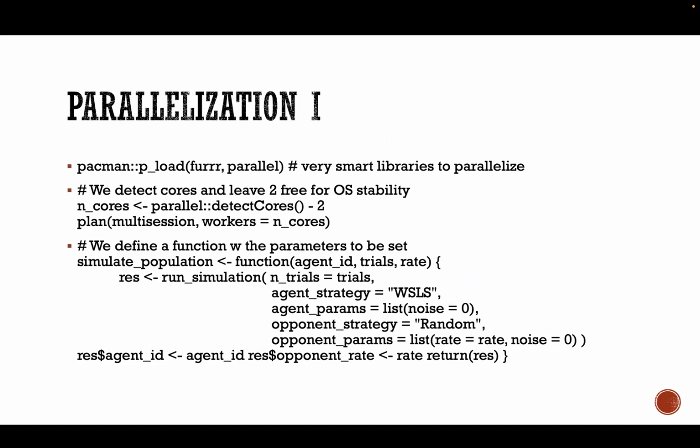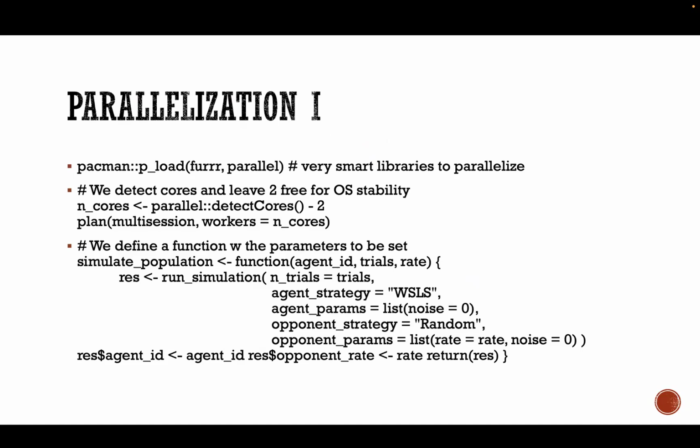Then the results are given by running a simulation with the number of trials equal to trials. The agent strategy is win-stay-lose-shift. The agent parameters are a list with noise equal to 0. The opponent strategy is random, and the opponent parameters are rate equal to rate and noise equal to 0. So basically, I'm telling it all the parameters that could vary.